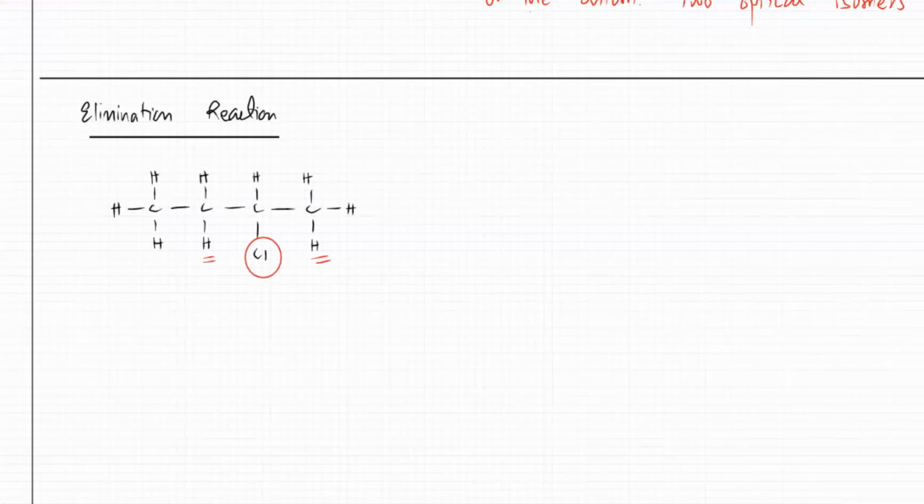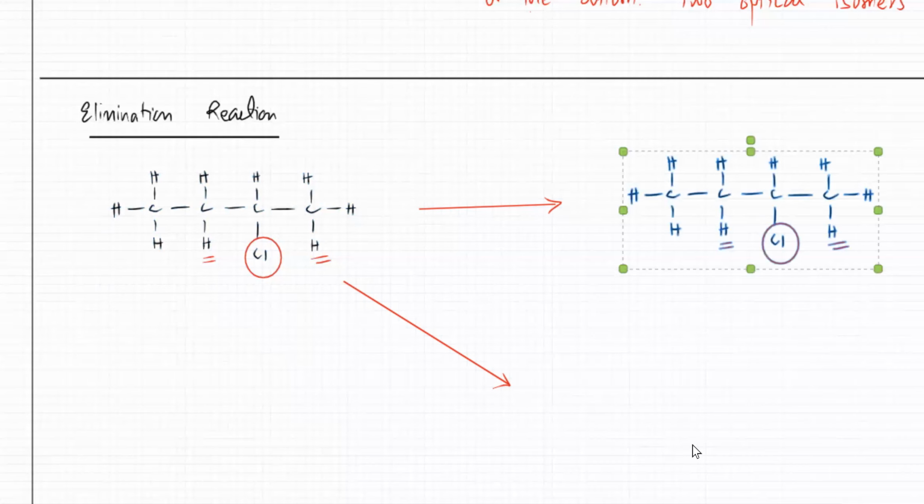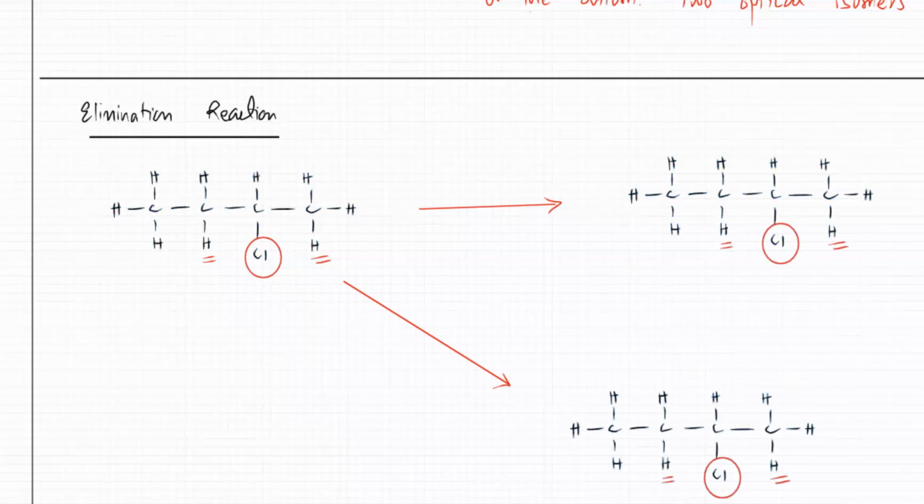So you're going to get 2 different molecules in this case. Alkenes are formed. Everything remains kind of the same, except that 2 of the atoms get eliminated. So the Cl is lost and the H is lost from the neighboring carbon atom, and instead in the middle you get a double bond.